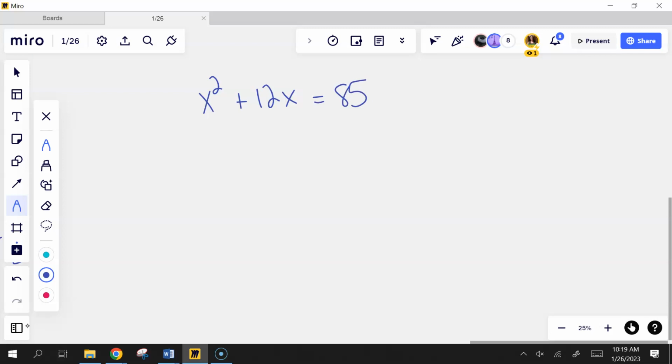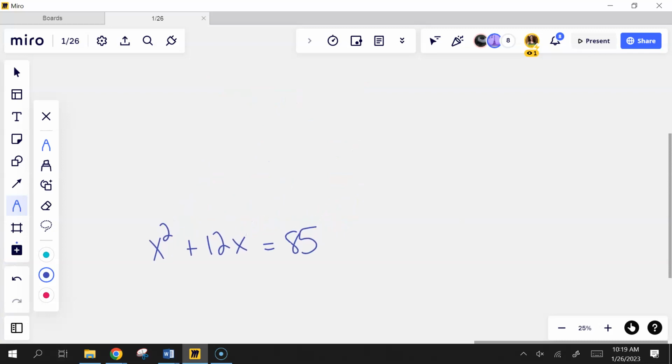Now, when you solve this completing the square, and you don't have to write this, but just to show you real quick. The good C to go here would be what? 36, both sides. X plus 6 squared equals, what's 85 and 36? 121.